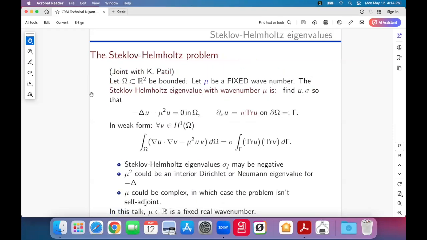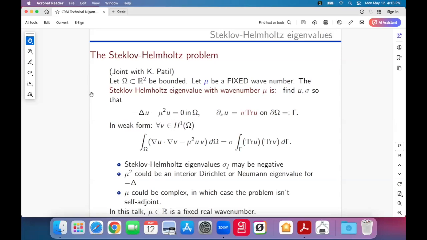Instead of finding the Steklov eigenvalues of the Laplacian, I'm now going to find the Steklov eigenvalues of the Helmholtz operator. Why not? Here I fix the wave number mu. It's going to be real. And I look for functions u which satisfy the Helmholtz equation in the domain and whose Dirichlet trace is a scalar multiple of the Neumann trace.